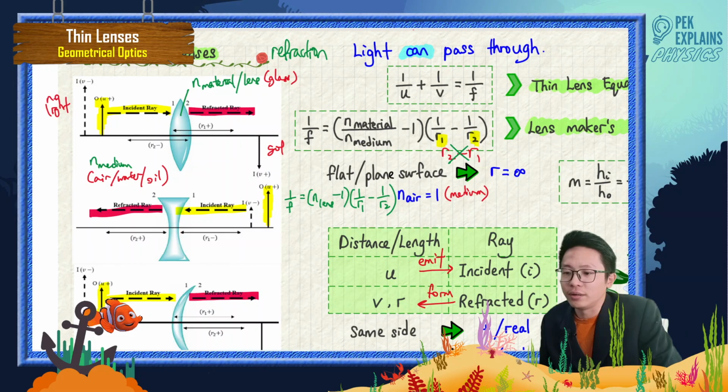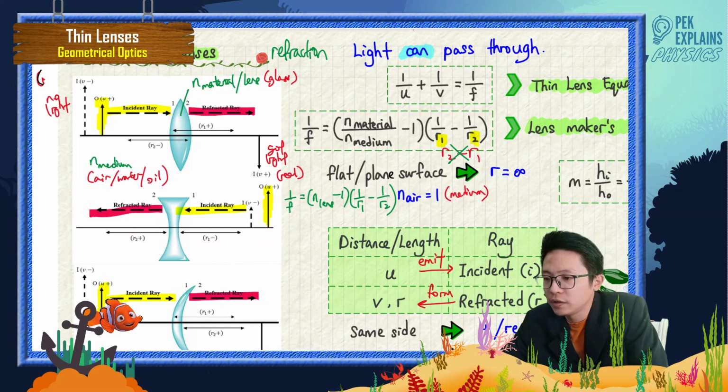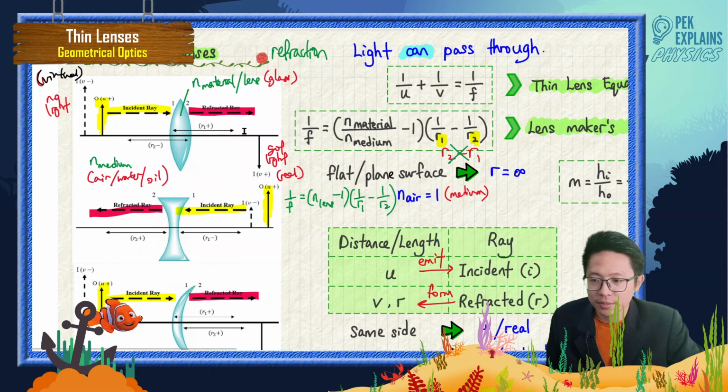So this one is called the real image, but this one is called the virtual image, because no light. The place with light, on the same side as the refracted ray, is the real image, so v is positive. This image is opposite to the refracted ray, formed at the place with no light, so it is the virtual image. So this v is negative, and this v is positive.